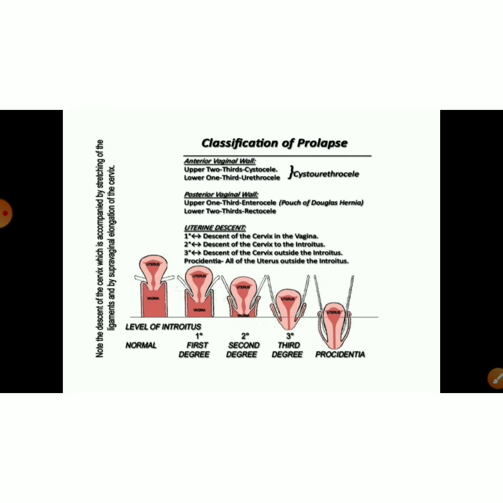By the time it is second degree, it will be at the level of the introitus, and by the third degree, it will be outside the introitus, and in procidentia, the whole uterus will be outside the introitus. You will be learning about that in further clinics. You just have to know the prolapse of uterus can occur if there is weakening of the pelvic diaphragm.